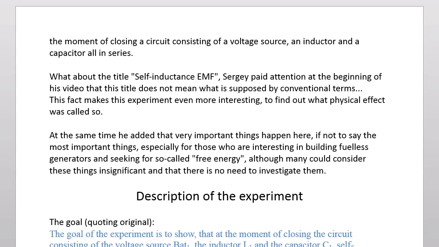At the same time, he added that very important things happen there, if not to say the most important things, especially for those who are interested in building fuelless generators and seeking so-called free energy. Although many could consider these things insignificant and that there is no need to investigate them.